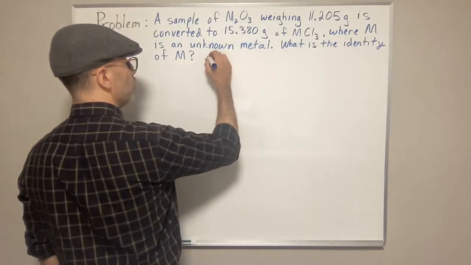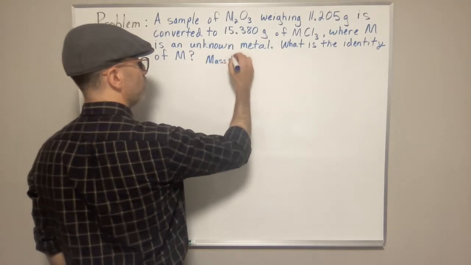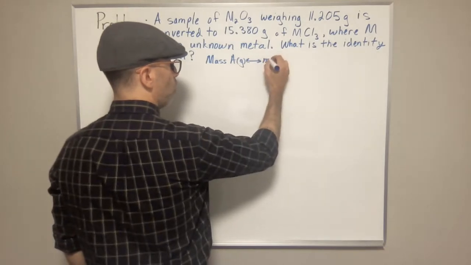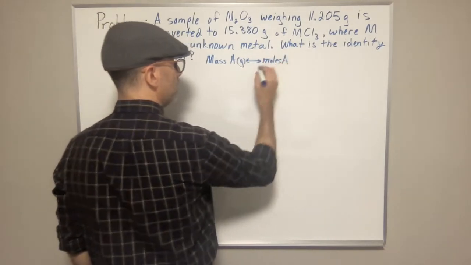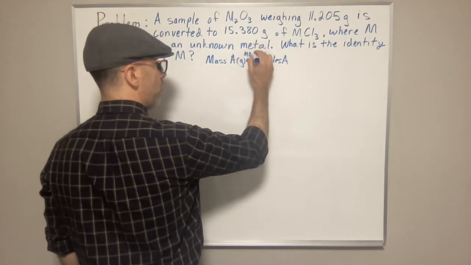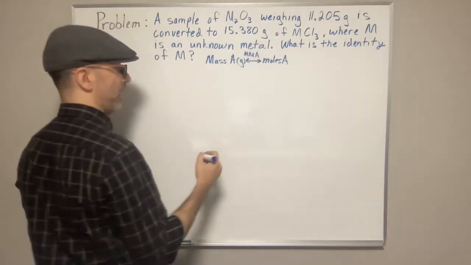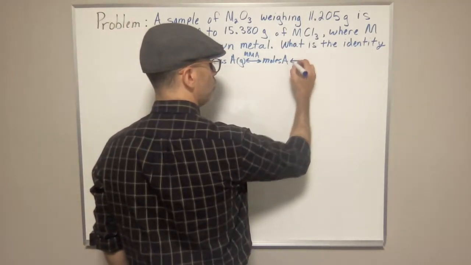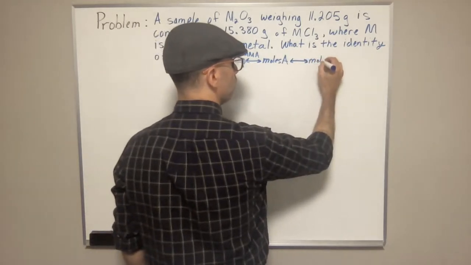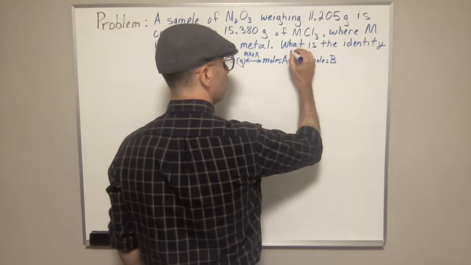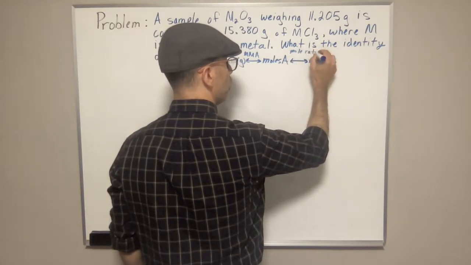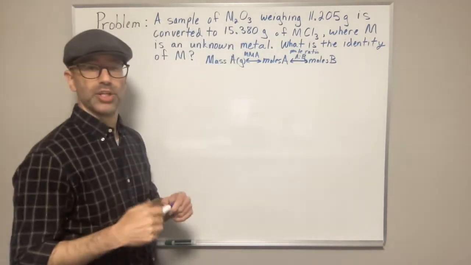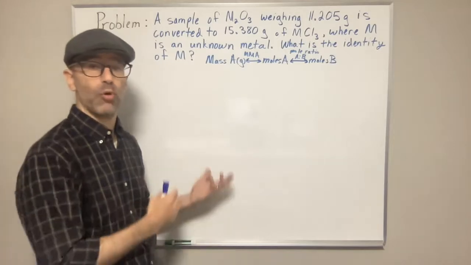The chemistry roadmap is you go from mass of A in grams to moles of A, using the molar mass of A, MMA, to convert from mass to moles. Then you go from moles of A to moles of B using a mole ratio between A and B, which you get from the balanced equation or from a formula.